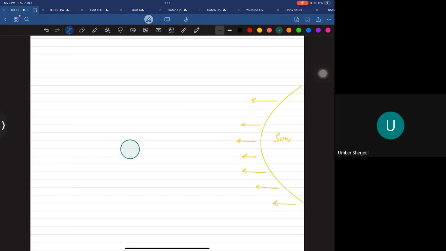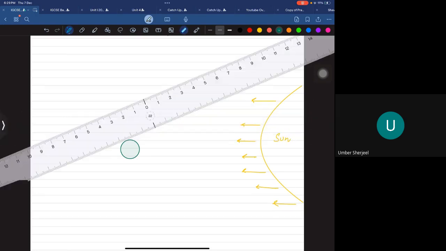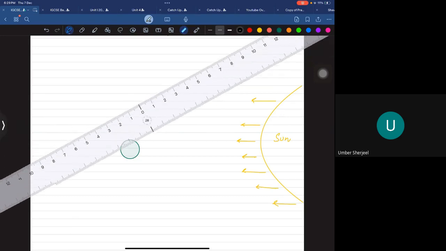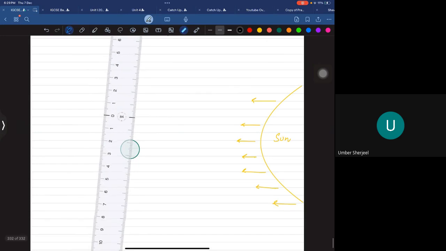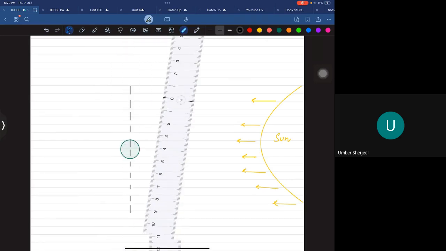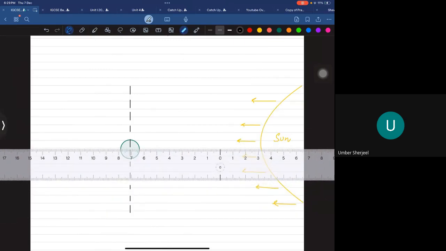Now, let me use the ruler for this. This is a tricky one to make. Where's the black one? Okay. First of all, let's do it completely vertical. Oh, no. I have to make dotted lines actually. Then you should make a horizontal line on your earth like that.